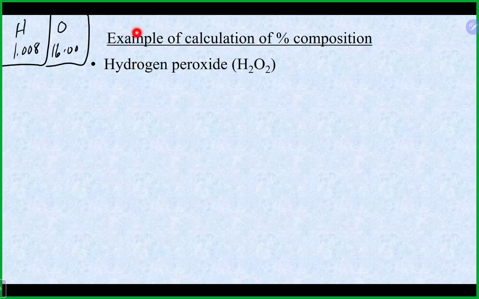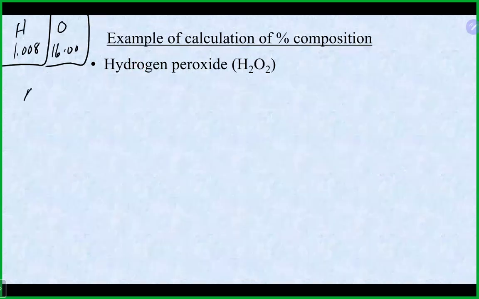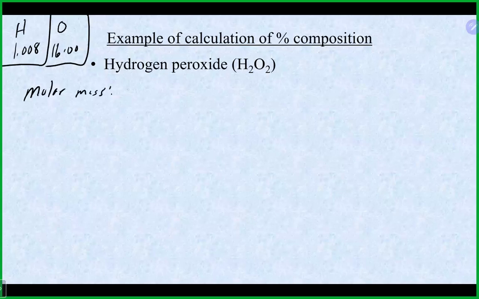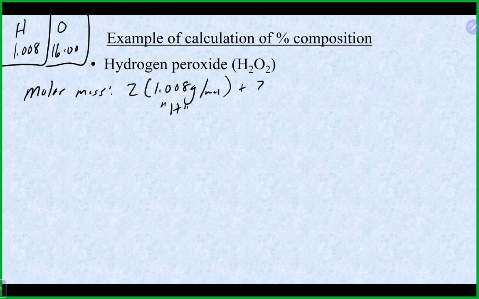So the molar mass of our compound would be found by adding the parts up. 2 hydrogens at 1.008 grams per mole takes care of the hydrogen part, plus 2 oxygens at 16 grams per mole takes care of the oxygen part. That's going to give us a molar mass in this case of, looks like 34.02, we'll call it.